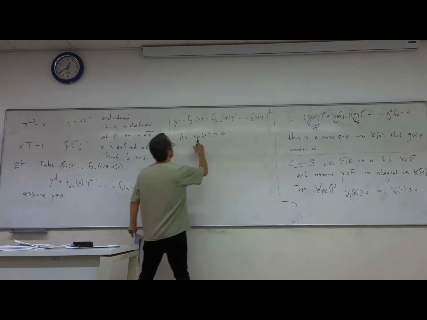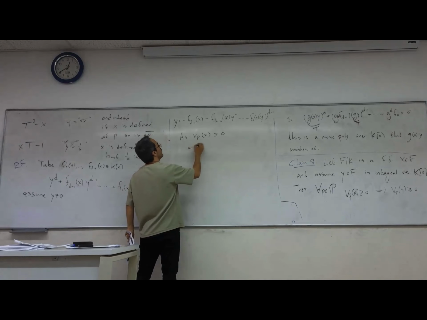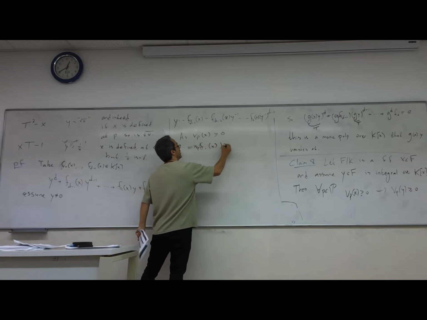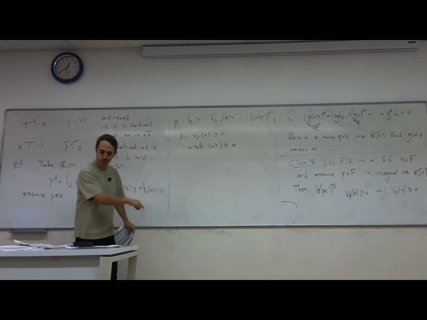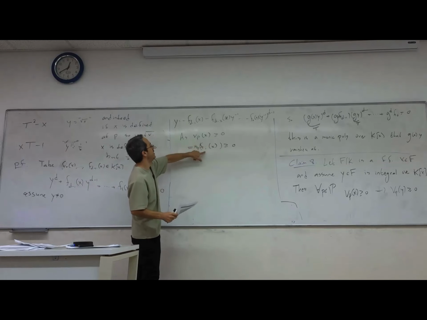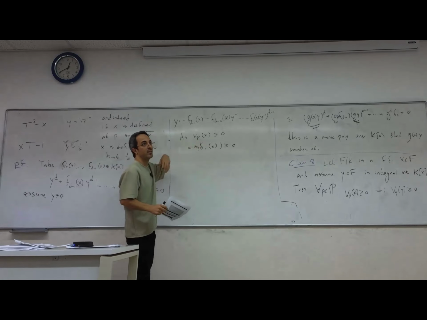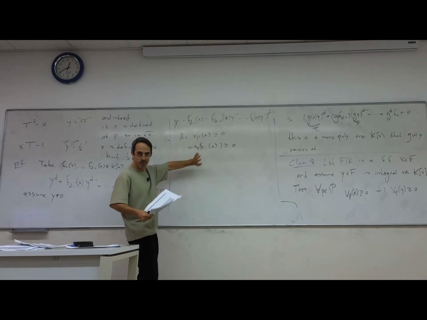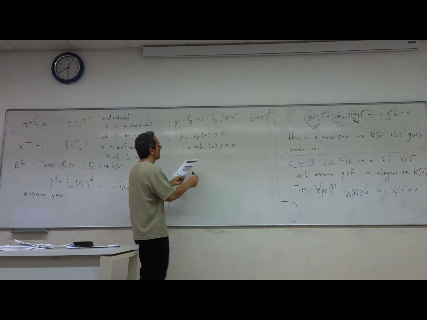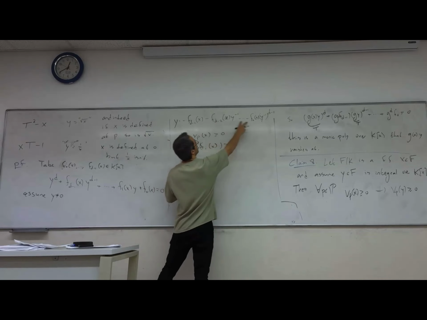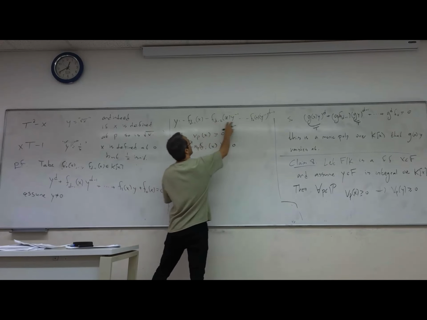Remember what I told you: because of that, the polynomials also have non-negative valuations. That's what we did before about polynomials of a function. It's at least the valuation of x, or 0, because there could be a constant factor, but it's non-negative. So all of these coefficients have non-negative valuation.